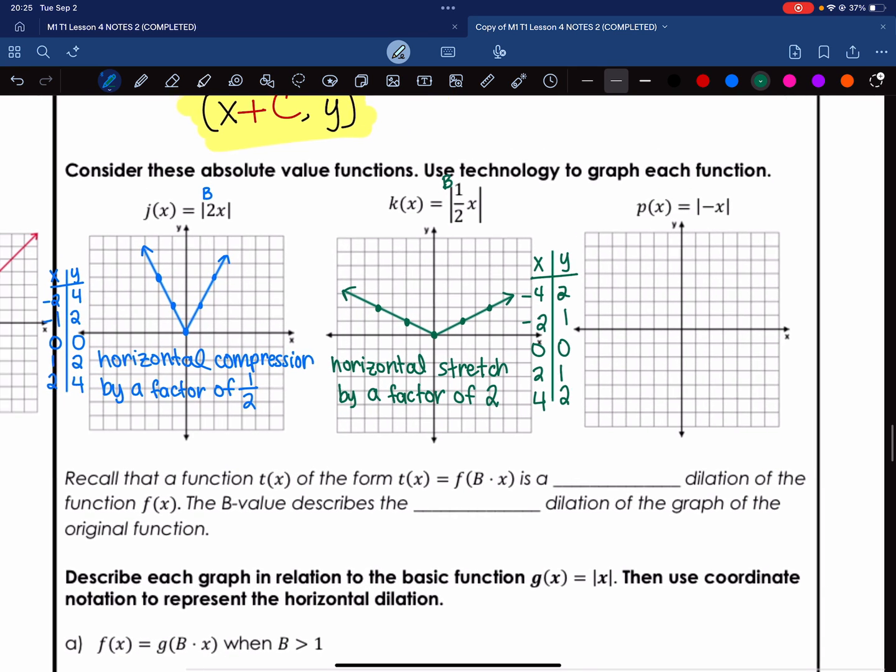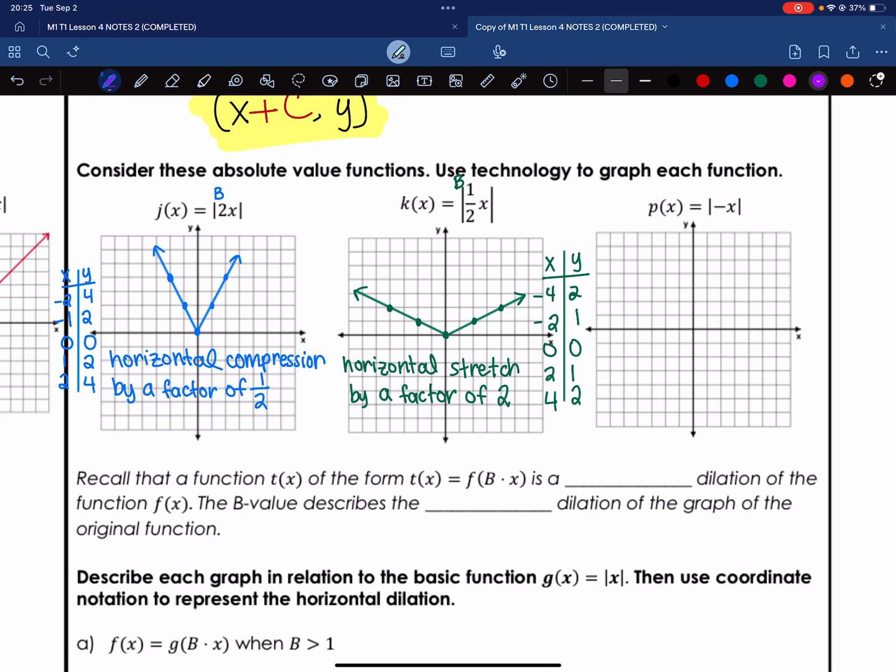Okay. And then the last one, okay, when we pick some points, let's just do -2 to +2. So when I plug in -2, the -2 is a +2, absolute value of 2 is 2.